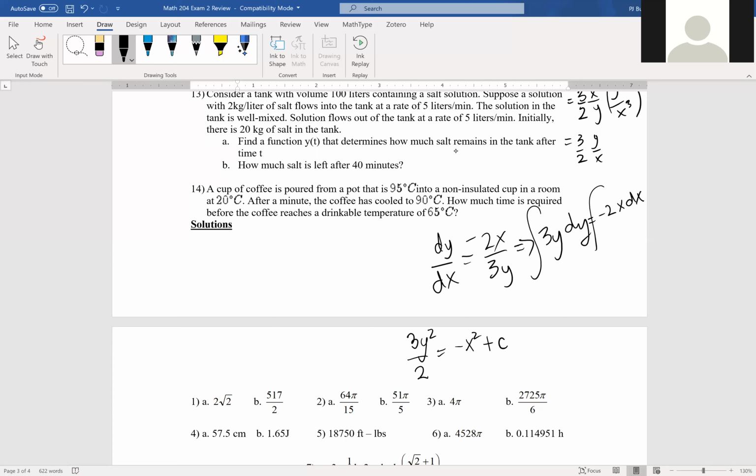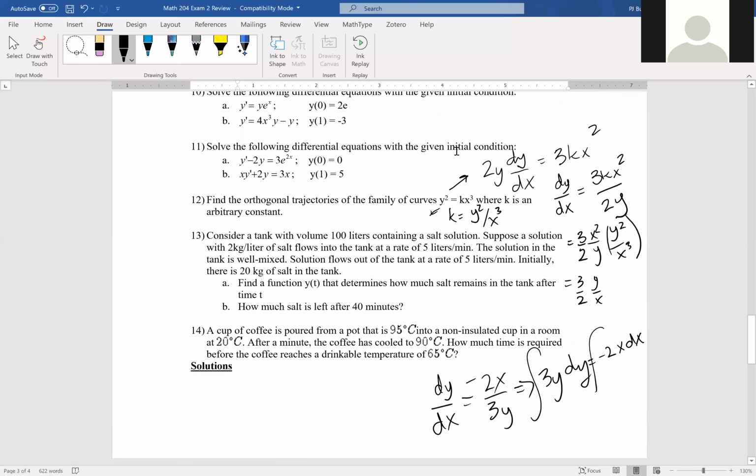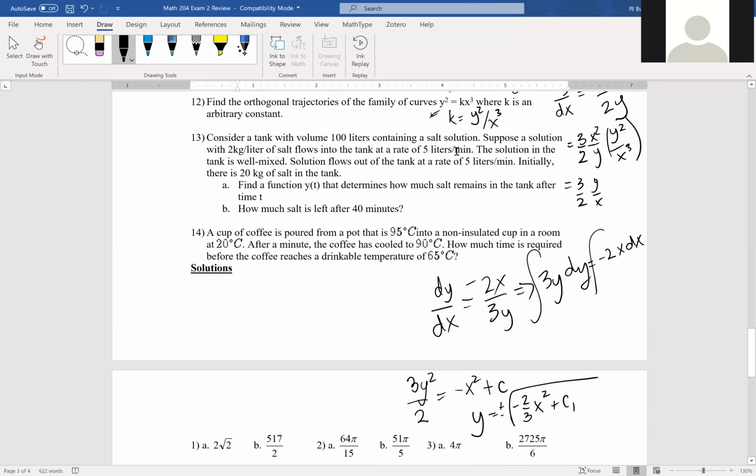And if you solve for y, like that. So again, it's take the derivative, plug in k if needed, take the opposite reciprocal, and then solve that differential equation.